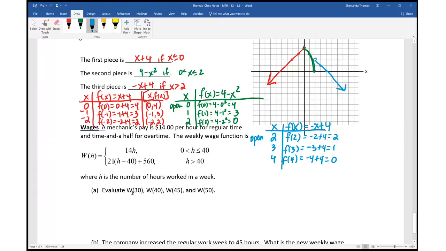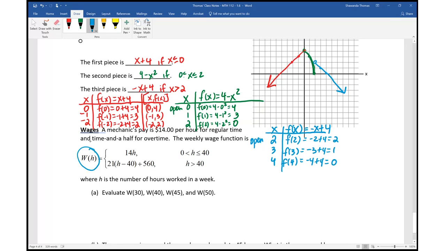It says evaluate W of 30. What does evaluate mean? Please remember that evaluate means you're substituting something for something, you're replacing something with something, you are plugging in something. So obviously, if W of H is equal to all of this, then we know that W of 30, that 30 represents the H. And we first go over to this side to see which interval 30 satisfies. 30 will fall into the first piece.